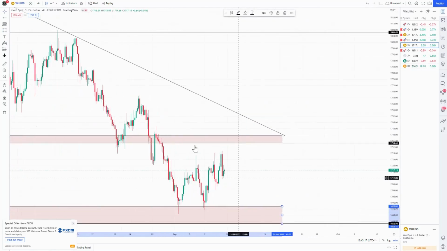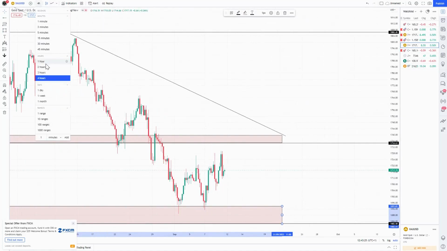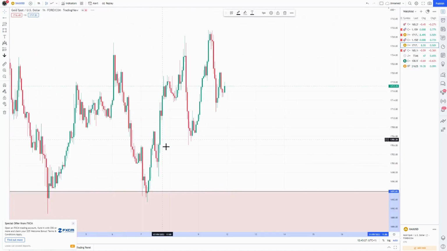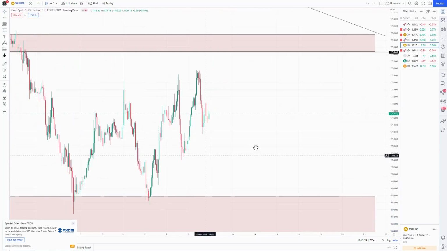Okay, so this is where price is presently. Let's go to the 1-hour time frame.